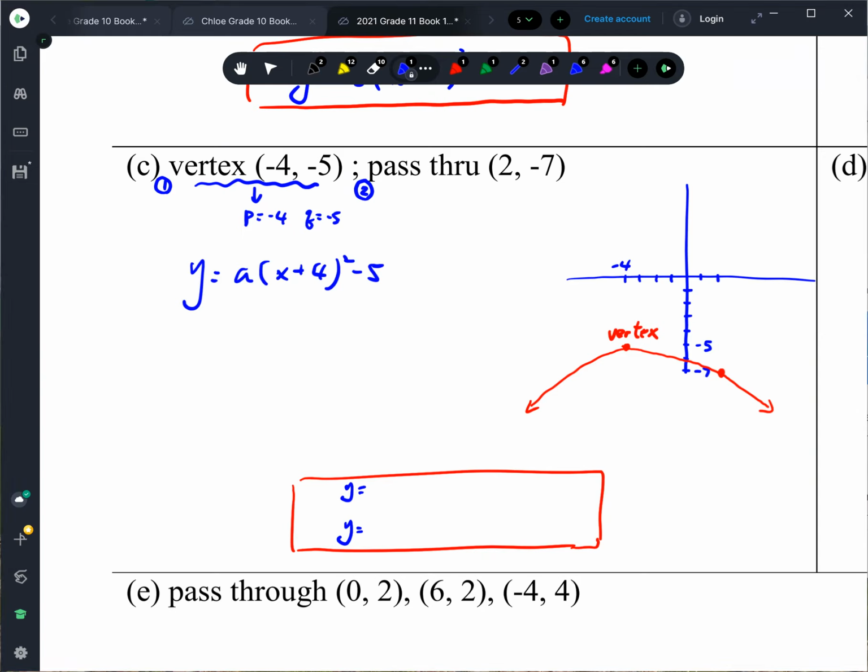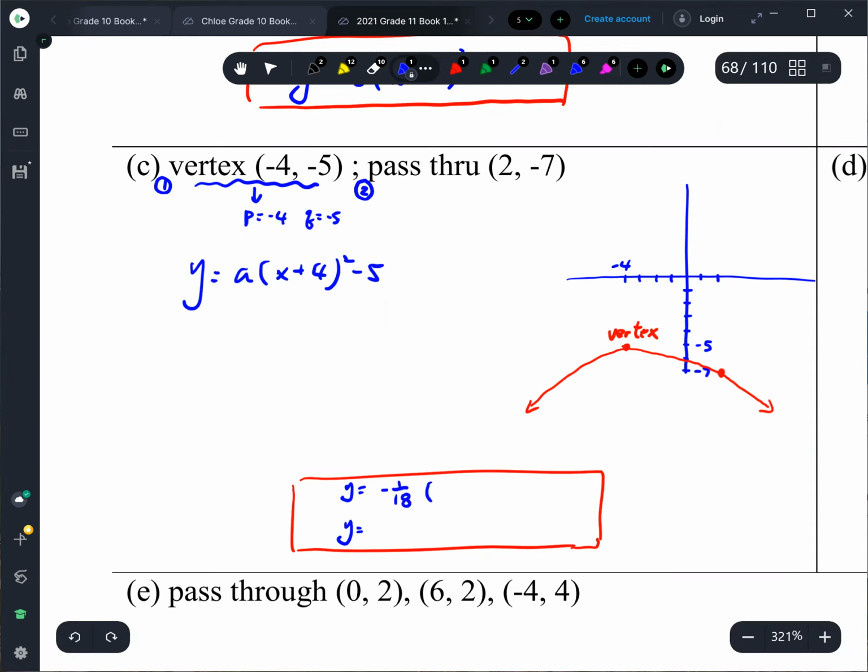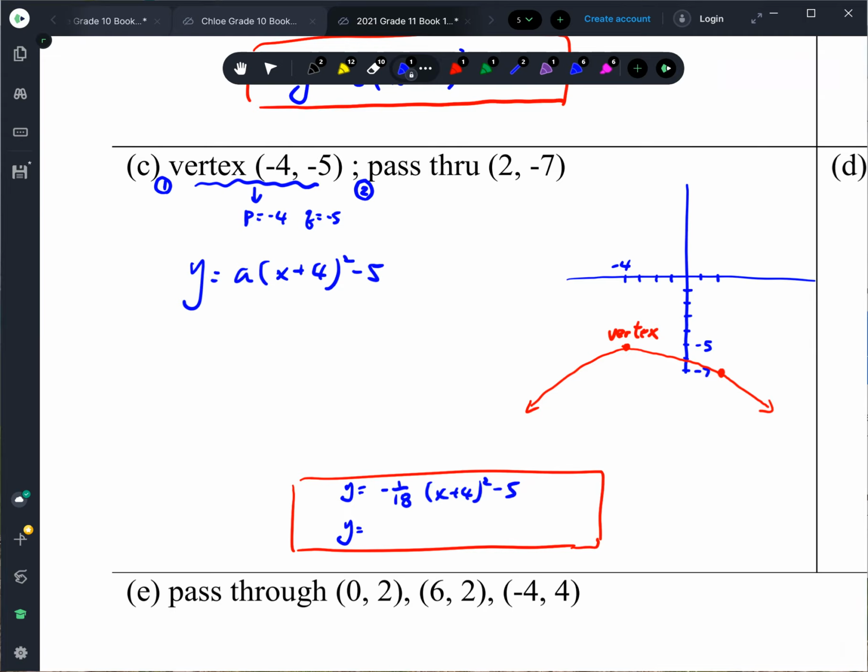Okay, so y equal to, okay, so Enya has the answer: y equals A times (x plus 4) squared minus 5. Anyone else got something different or the same? Shanier, have you finished checking it?